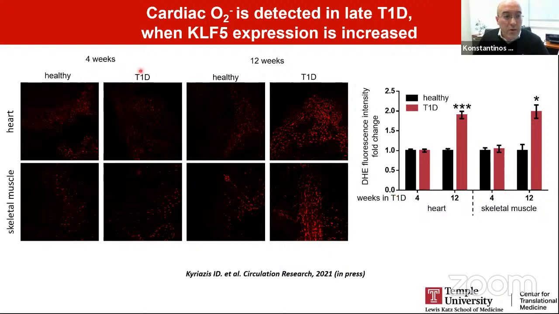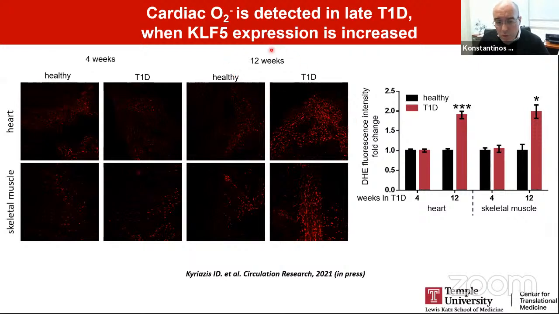So we used hearts from mice that were diabetic for either 4 or 12 weeks, and we also compared the hearts with skeletal muscle. In diabetes, oxidative stress happened in both the heart and the skeletal muscle. This is DHE staining, and that indicates accumulation of reactive oxygen species.